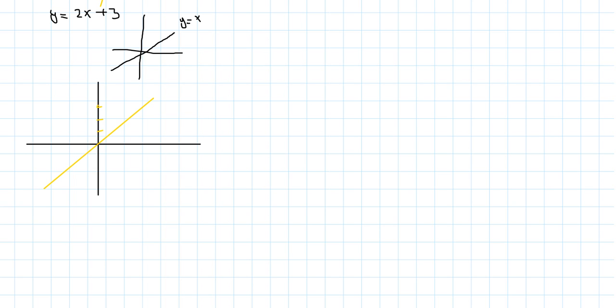So positive 3. Easily I draw this graph. y equals 2x is like y equals x, no difference between them, but it is more vertical. So y equals 2x plus 3. I drew it easily. Now let's go to another example.